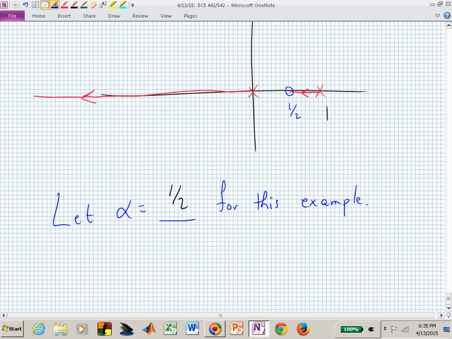Now let's say, what's the range of K for stability?